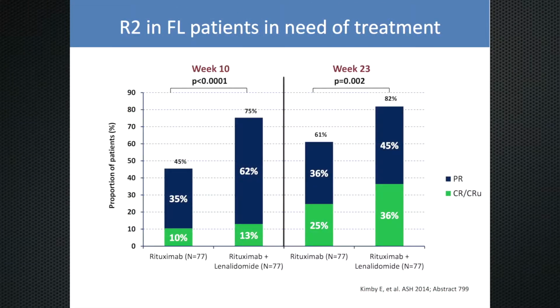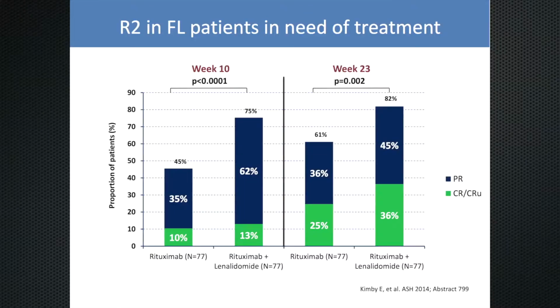Now, today, everyone is trying to develop the so-called R-squared treatments, which means a combination of two immunotherapeutics or immunomodulators. The idea being that we know that in follicular lymphomas, the microenvironment is very important.